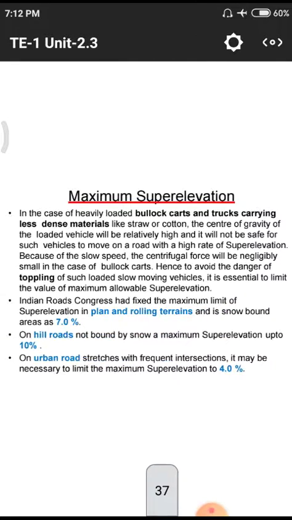After that topic we have maximum super elevation and minimum super elevation. In which places the maximum amount of super elevation will be prescribed and kept according to IRC regulations and others.